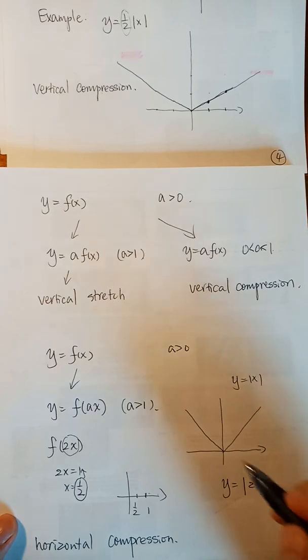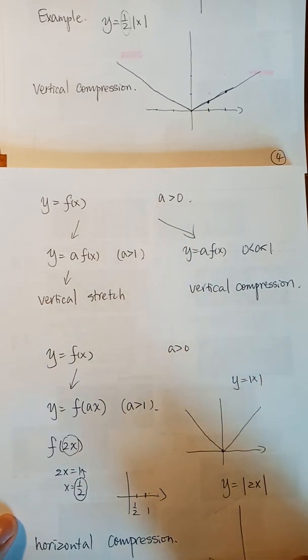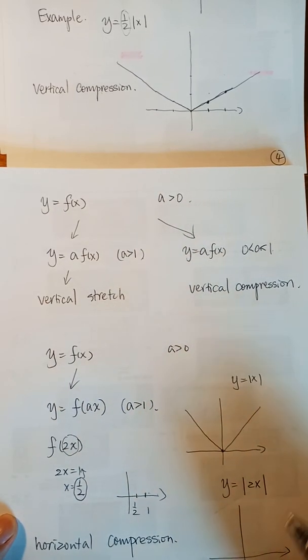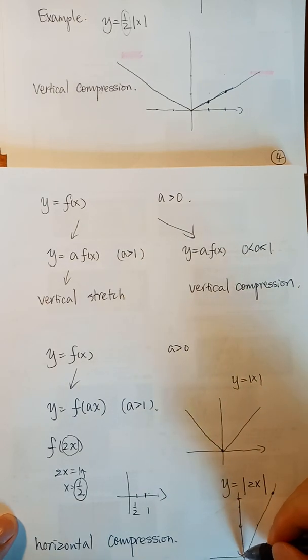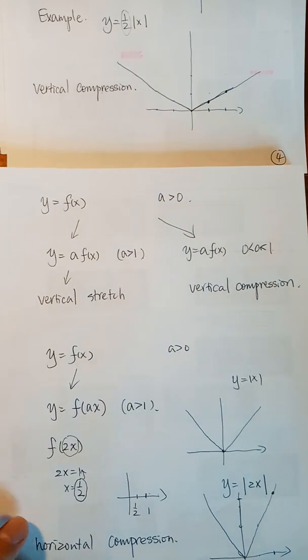Let's check what the graph is. When x is 1, 2x is 2, absolute value of 2 is here. When x is 1/2, 2 times 1/2 is 1, here. And a similar process gives you this.